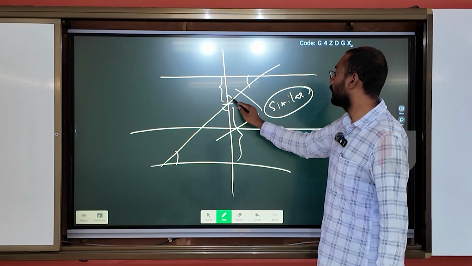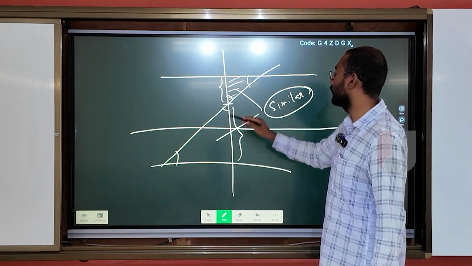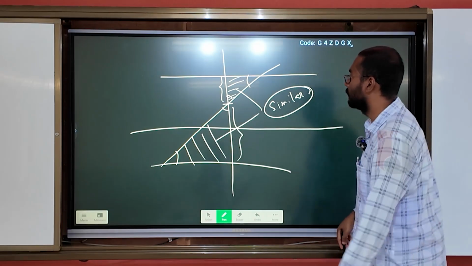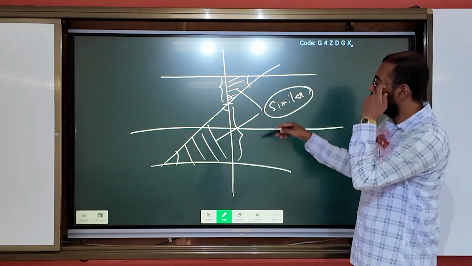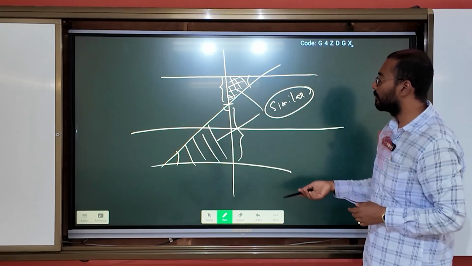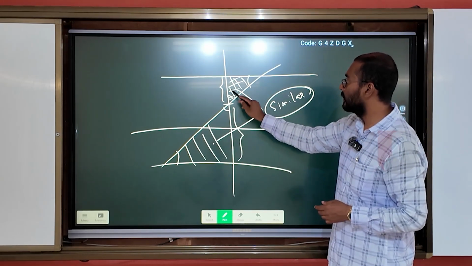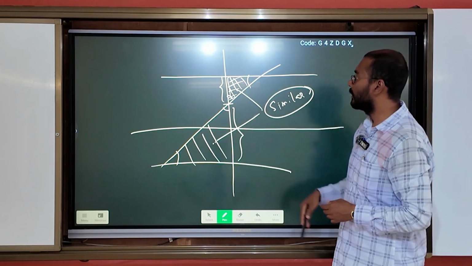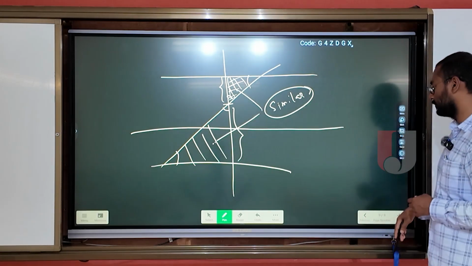So once I identify the area of this triangle, there is no need to calculate the lower portion. First we have to find the area enclosed by that portion, after that we multiply by 2, because both areas are the same.